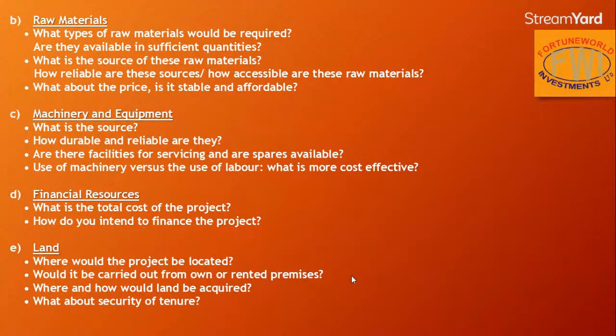How reliable are these sources? How accessible are these raw materials? Well, maize is very, very much reliable. Soybeans is another area where we need to increase our production if we are going to go into processing.